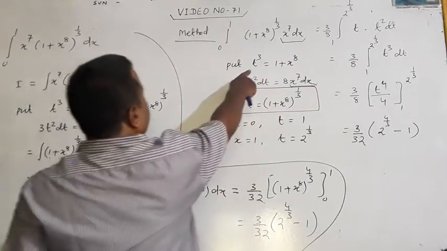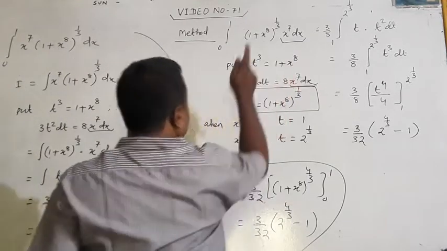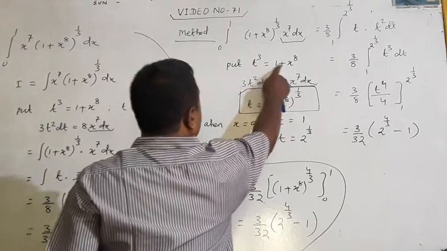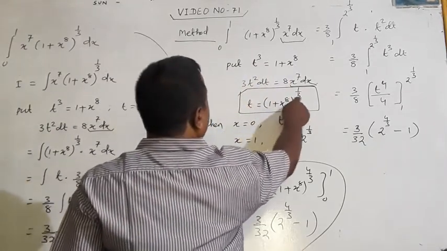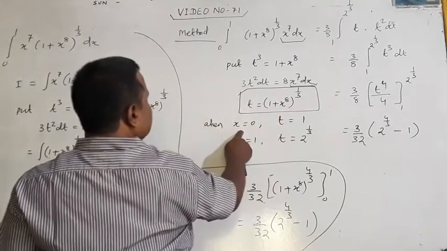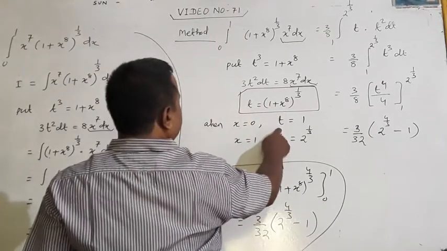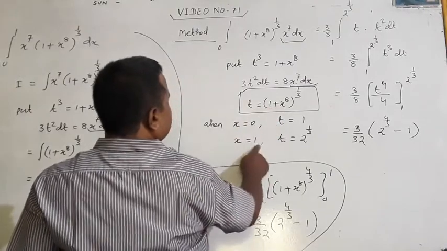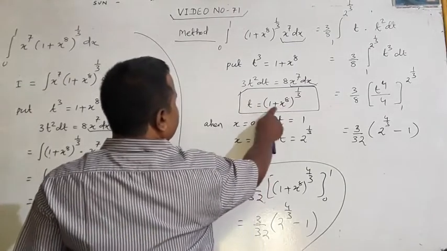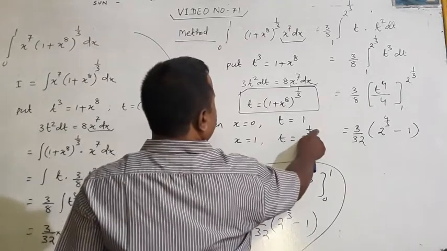When t cubed is equal to 1 plus x to the power 8, what is t? t is (1 plus x to the power 8) to the power 1 by 3. When x is 0, t is equal to 1. When x is equal to 1, t is (1 plus 1) to the power 1 by 3, that is 2 to the power 1 by 3.